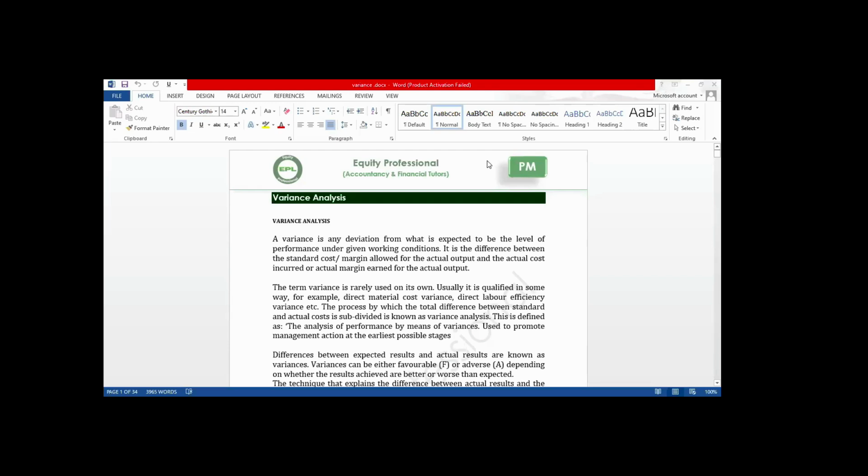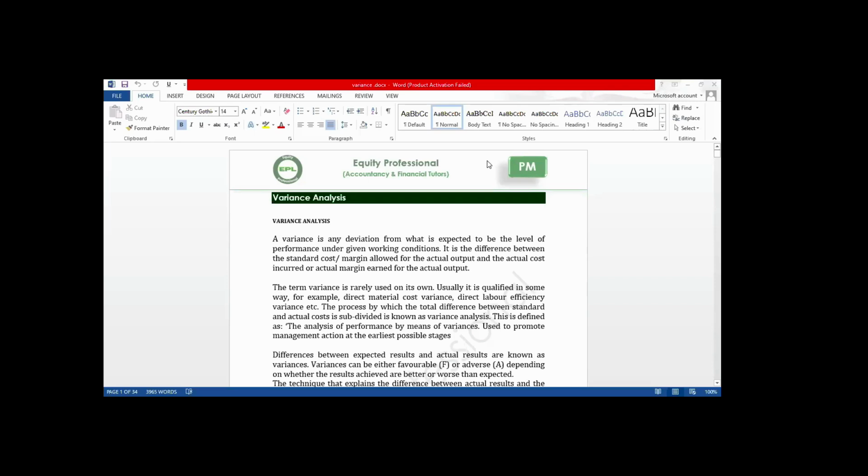Variance, a situation where your actual revenue is different from your budgeted revenue. Variance is any deviation from expected level of performance.